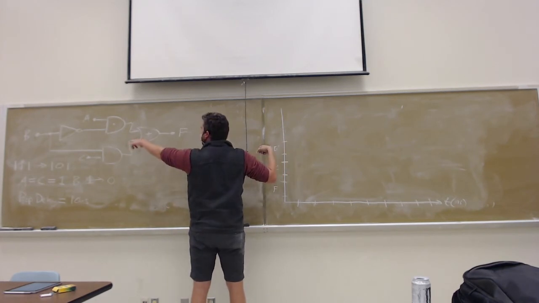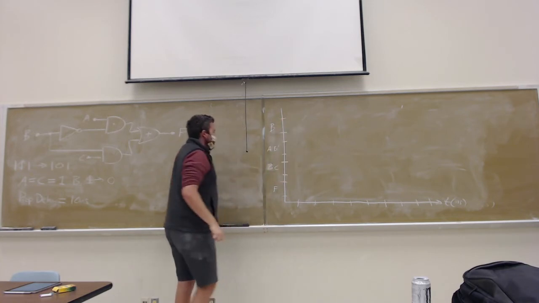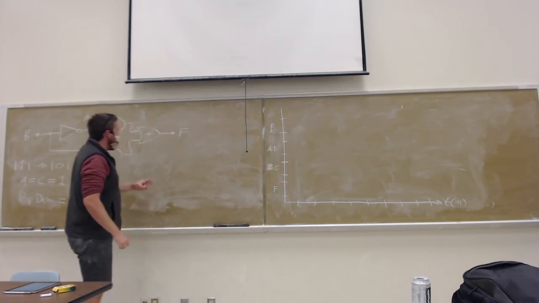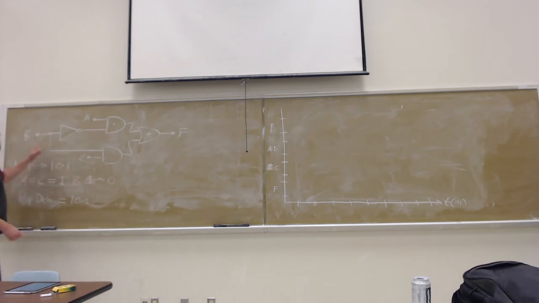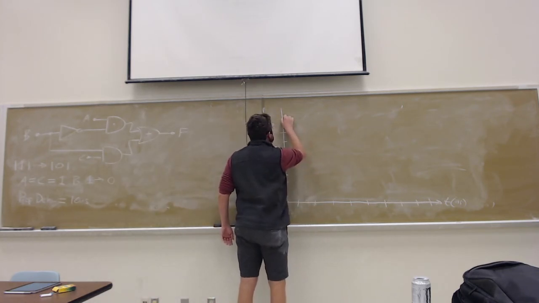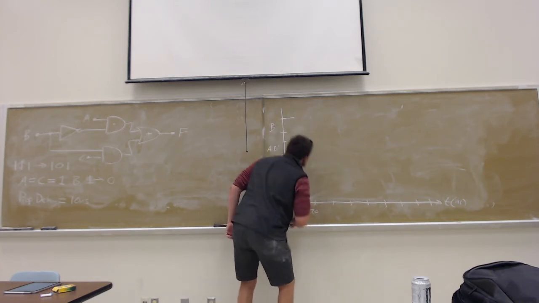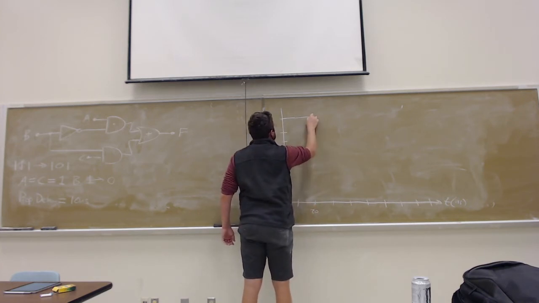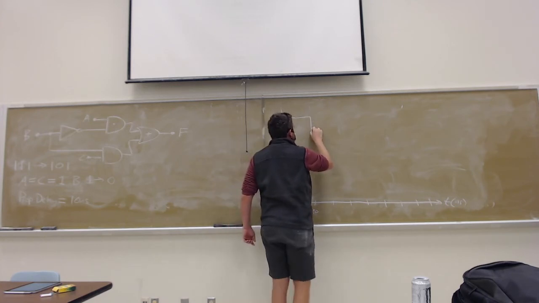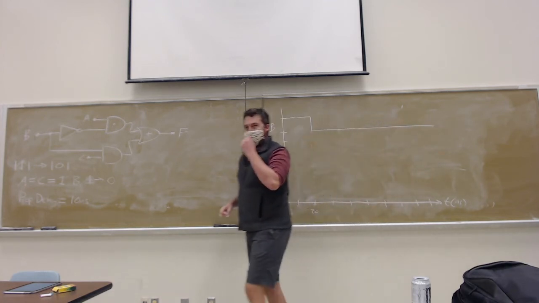And then let's just have B. Okay, so A and C are equal to 1, they're locked in. B starts at 1 and is going to go to 0. So let's say that B starts up here at 1 until the 20 nanosecond mark, and then it goes to 0, and then it just stays at 0. Right? We're only concerned with that one transition.